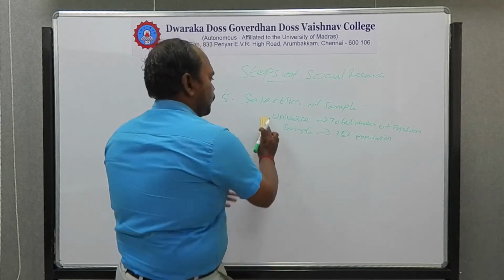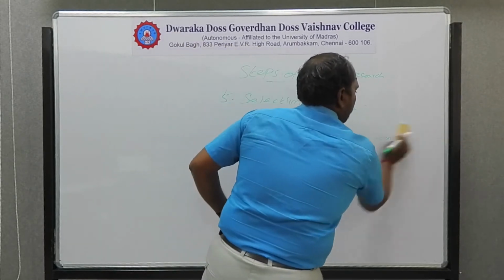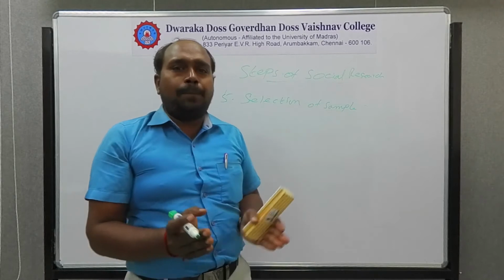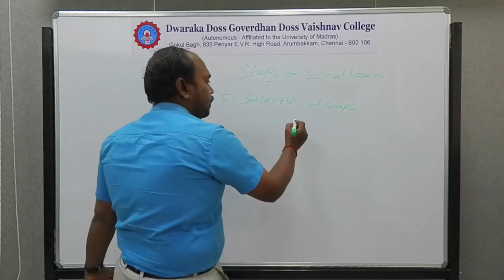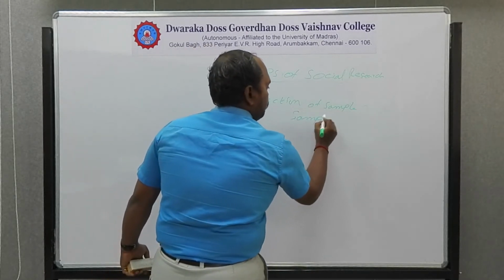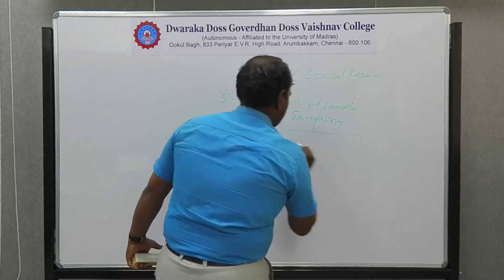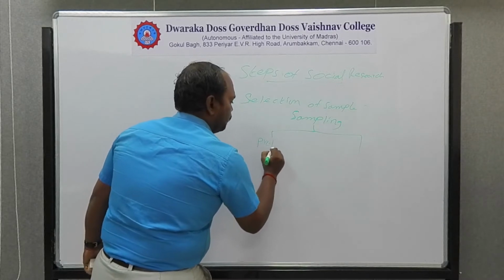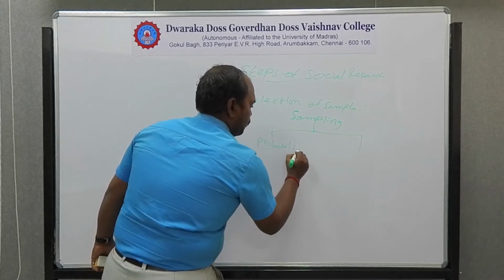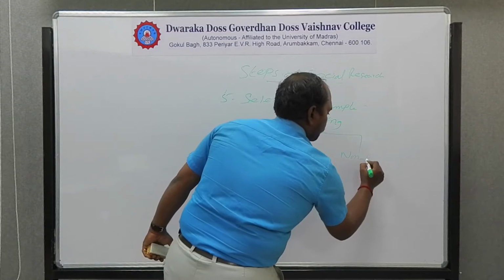And in that, we have to find out the sample. We have types of sampling: probability and non-probability.